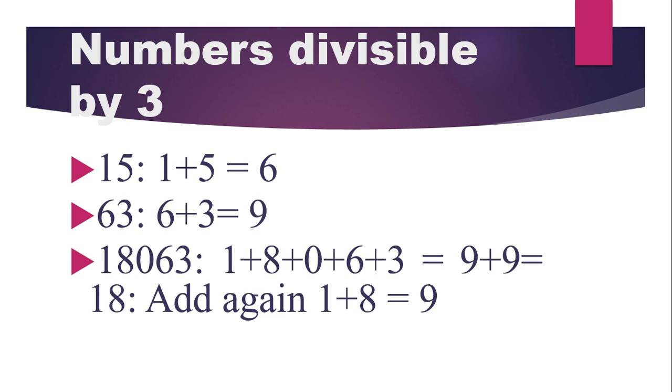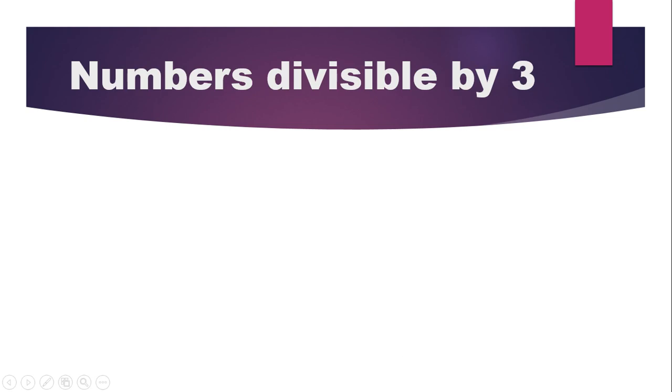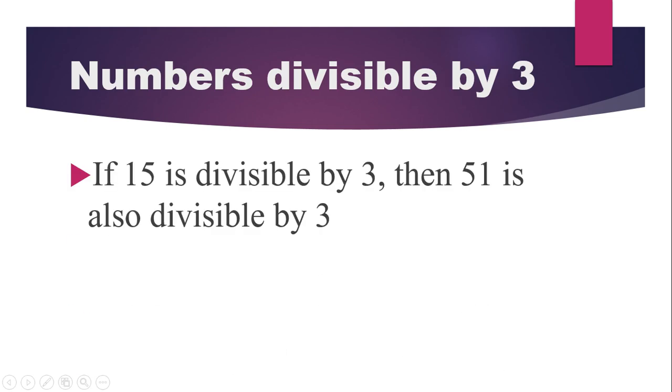Now let me show you something very interesting about numbers divisible by 3. Now look at the number 15. We have already established the fact that 15 is exactly divisible by 3 by the test of divisibility by 3. Now look at this.